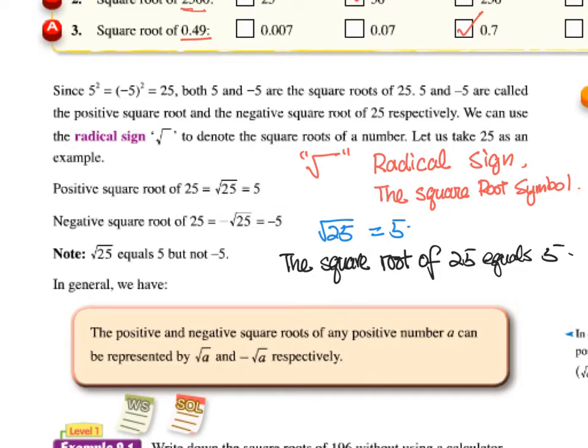Second, let me introduce a symbol for you. It is like a tick. We call it the square root sign or radical sign. What does it mean? The square root of 25 is 5. That means this symbol tells you this is the square root of the number inside.